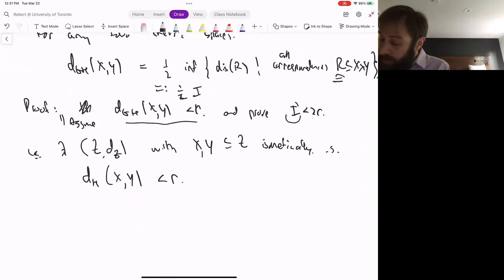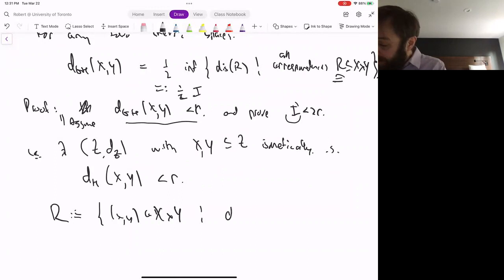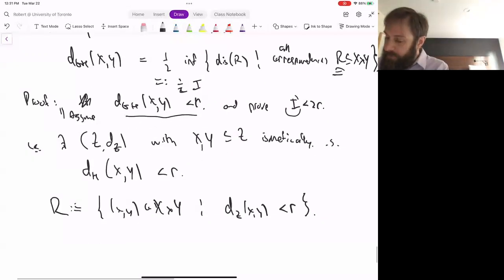And so now you define the relation R to be the set of all (x, y) in X cross Y such that the Z distance between x and y is less than r. And then you try to compute the distortion of this.